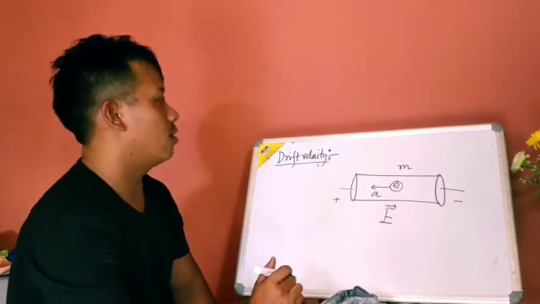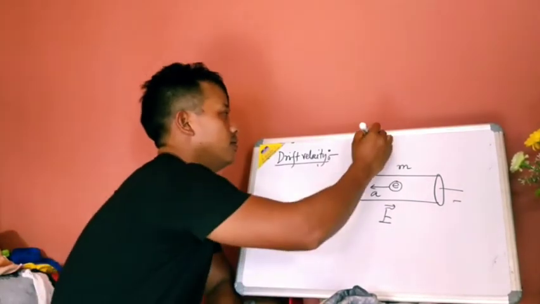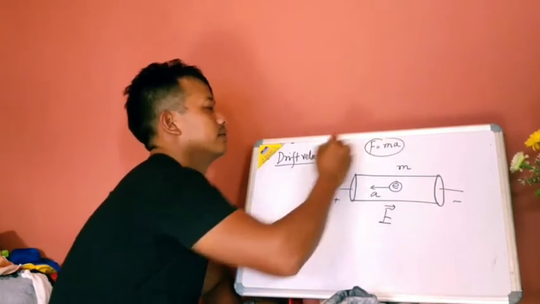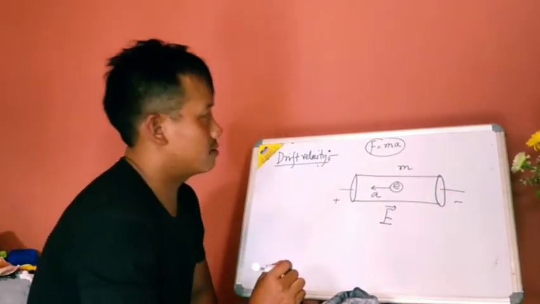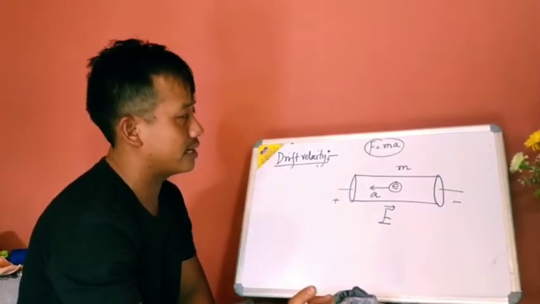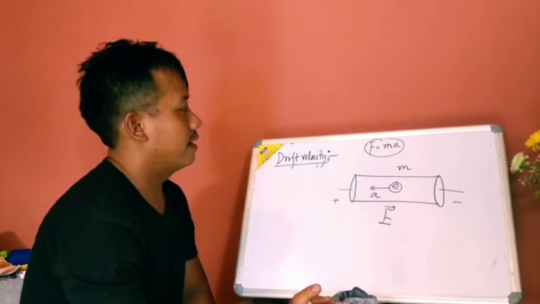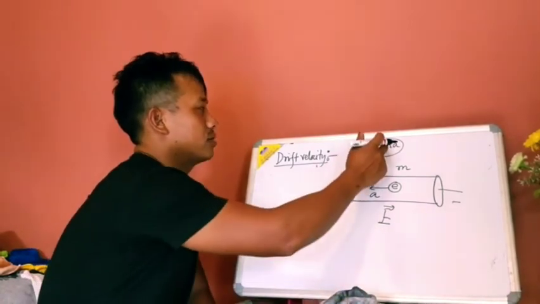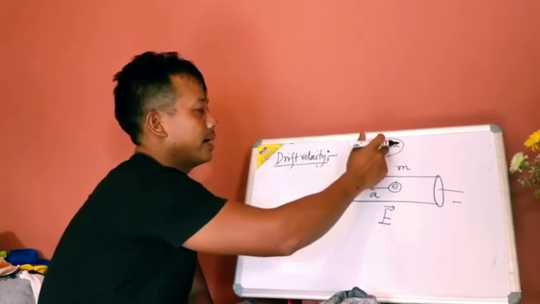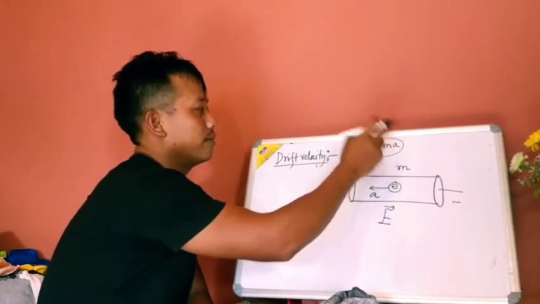From Newton's second law, force is equal to mass times acceleration. This is the force experienced by the electron, which has a mass, and by Newton's second law F equals ma.